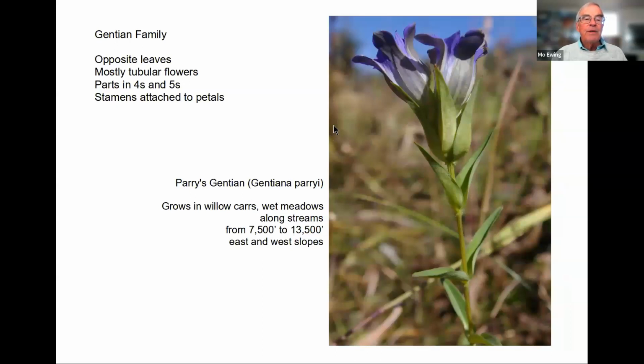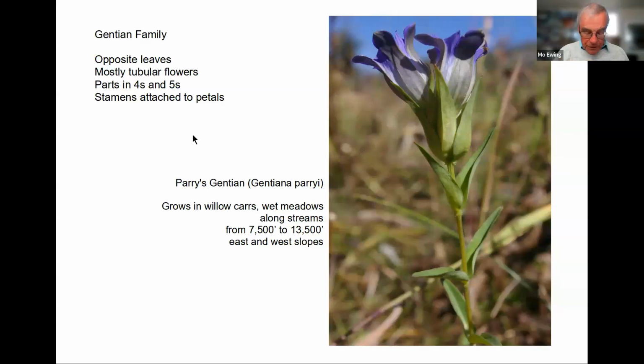Another one that you're going to find up here is in the gentian family. This is another new family. It has opposite leaves, which you can see here, and mostly tubular flowers with parts in fours or fives. And like another family that we talked about earlier, Mertensia, that wasn't a family, but the stamens are attached to the inside of the petals.